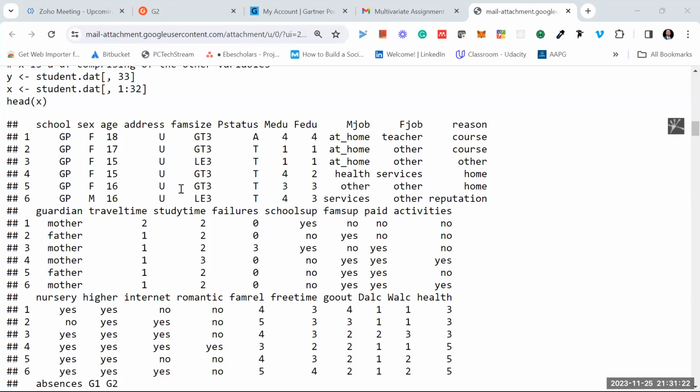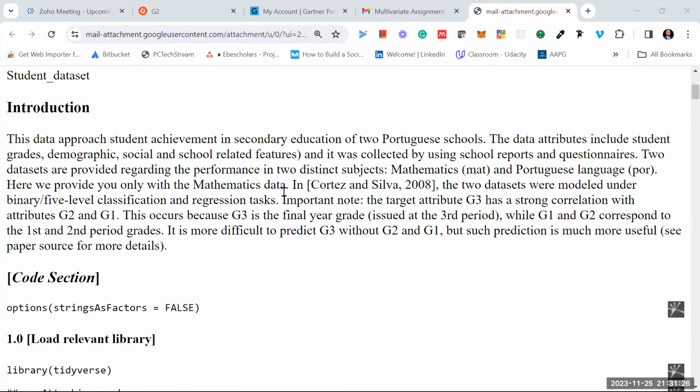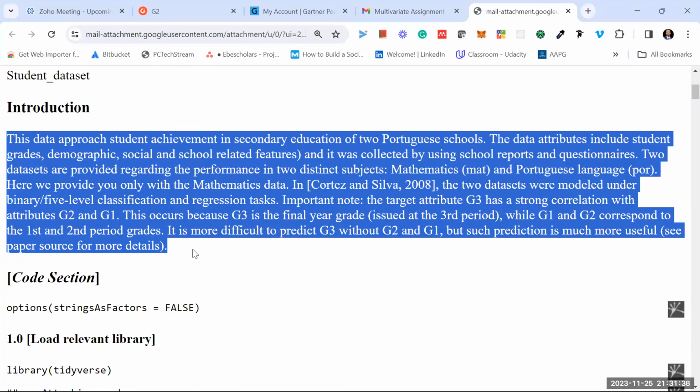So this is the solution to that particular data that I showed you just now. Let's read a little bit, more like an introduction to that data. This data approaches student achievement in secondary education of 2 Portuguese schools.